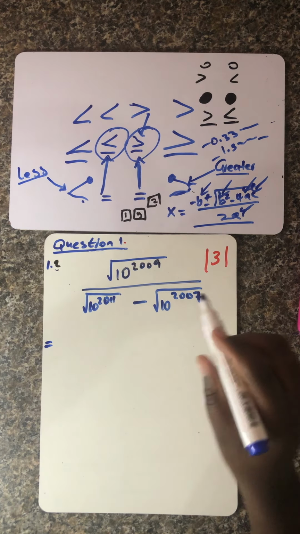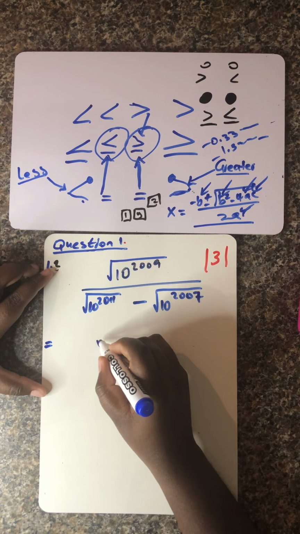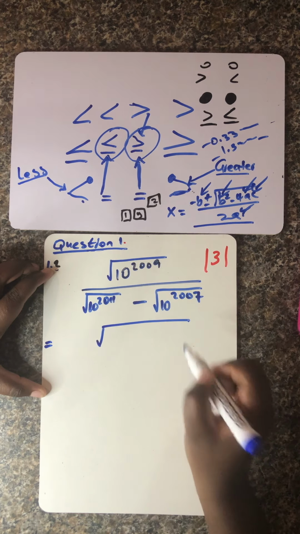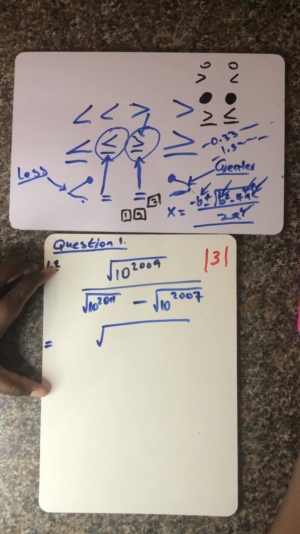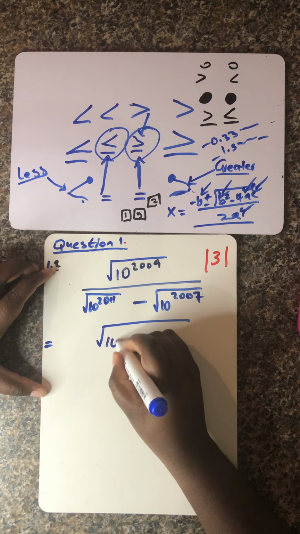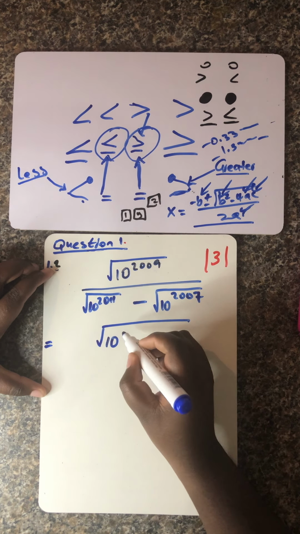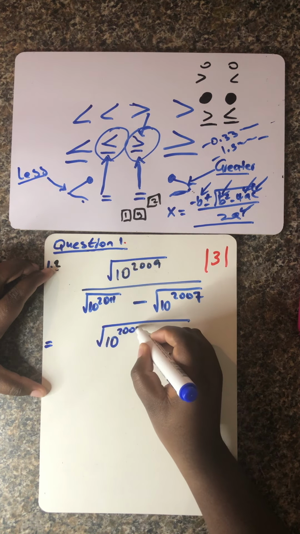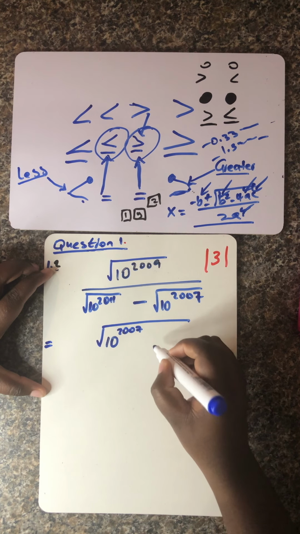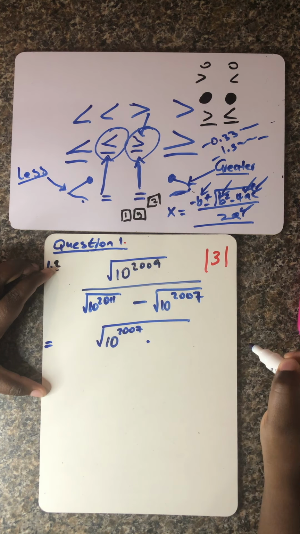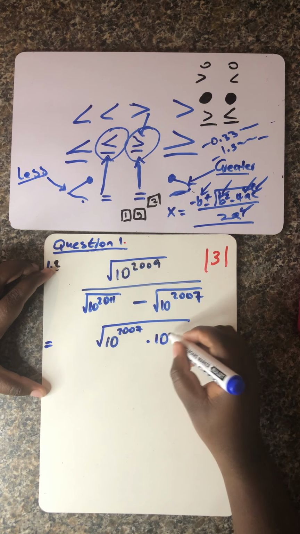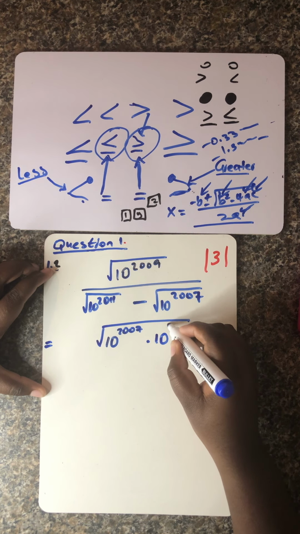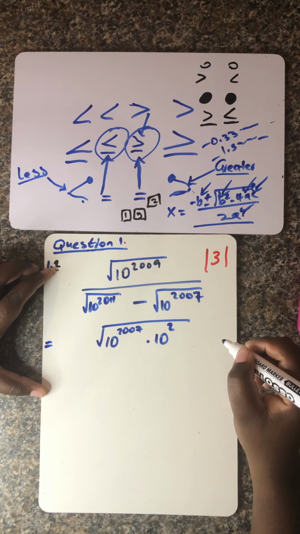So that means, ladies and gentlemen, this thing, 10 to the exponent 2009, is the same as 10 to the exponent 2007 multiplied by, very much important, 10 to the exponent 2. Why?